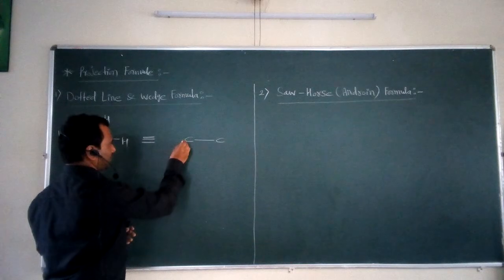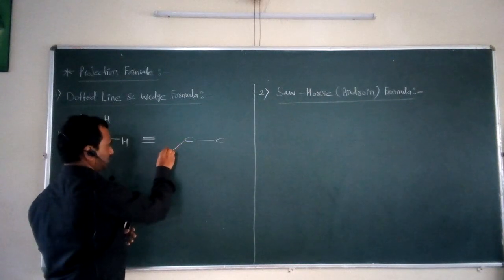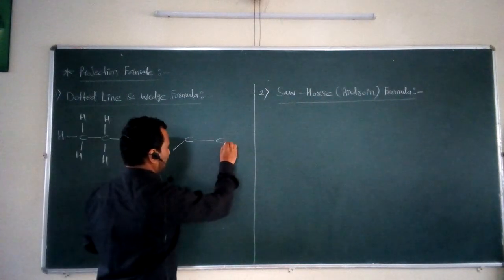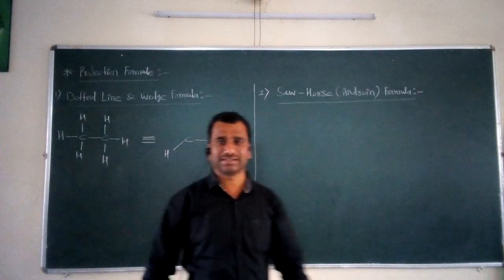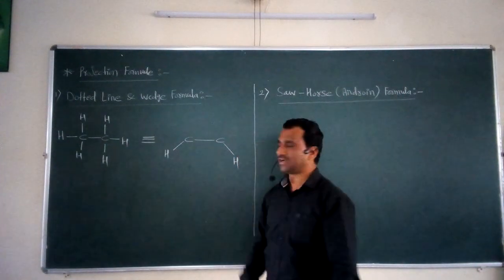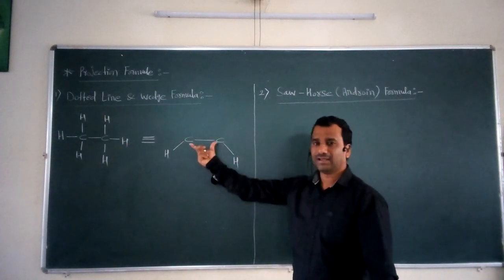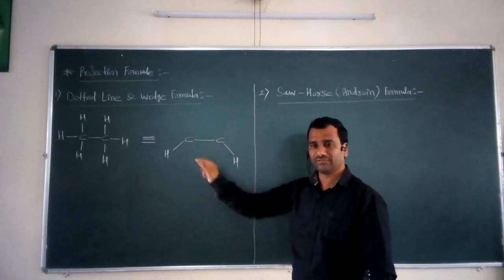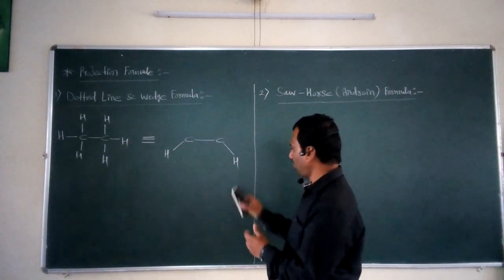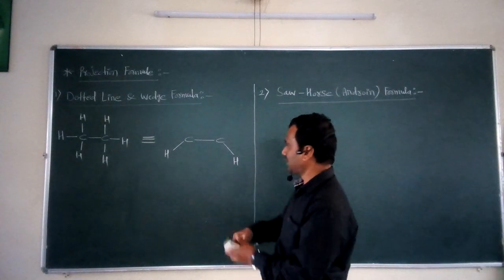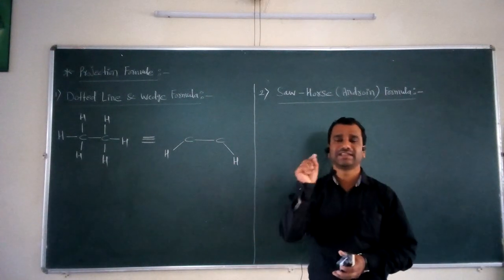This is the first hydrogen, and this is the second hydrogen. So we can say that this carbon single bond carbon is present in a given plane in which these two carbon single bond hydrogens are also present. All these two hydrogens and two carbons are present in the same plane.